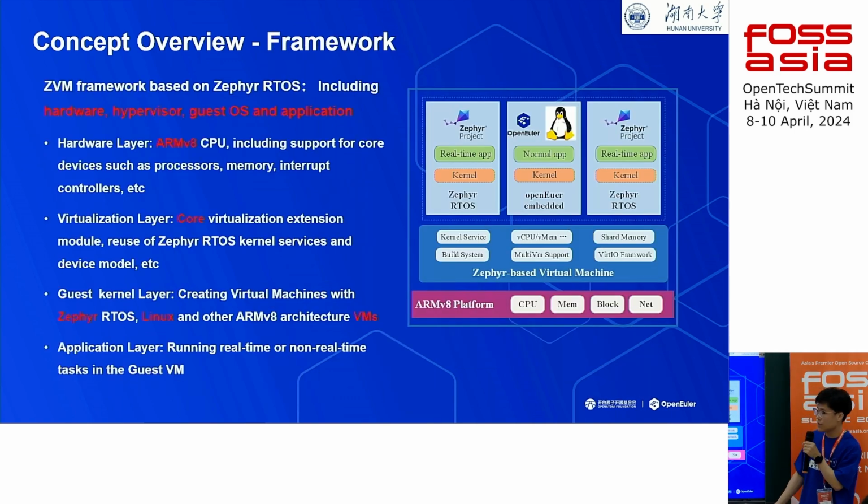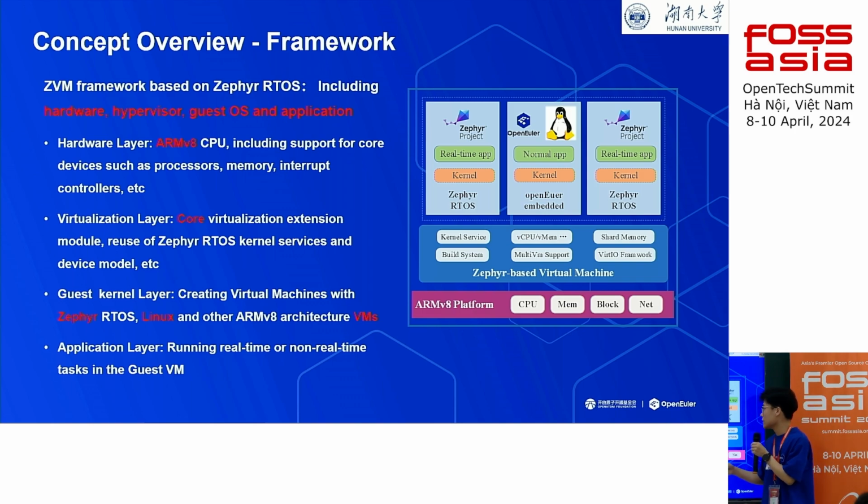Then we introduce the framework of ZVM. We can see in the picture that ZVM can be divided into 4 layers, including the hardware layer, hypervisor layer, guest OS layer, and the applications. First, for the hardware layer, we support ARM architecture CPUs, including core devices such as the processor, memory, and interrupt controller.